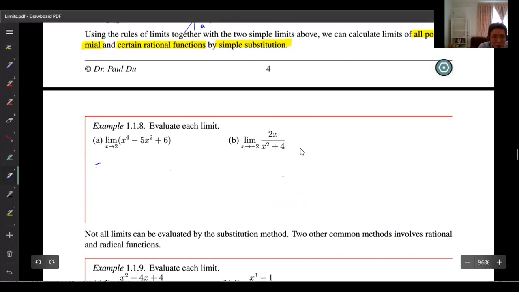Let's see. So this one we know, we use the addition rule, subtraction rule, product rule, and the power rule. So we get this. I can bring out 5, the constant multiple rule.